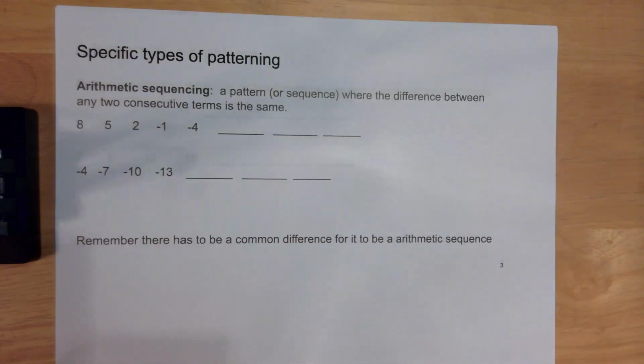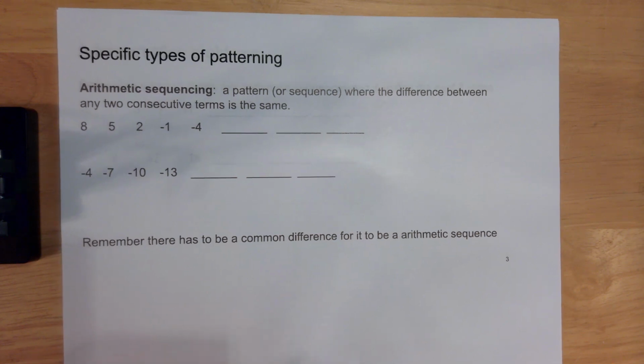There are specific types of patterning or sequencing that we're going to talk about in this section. And the first type is called an arithmetic sequence. It is a pattern where the difference between any two consecutive numbers, which means numbers right in a row, is the same.